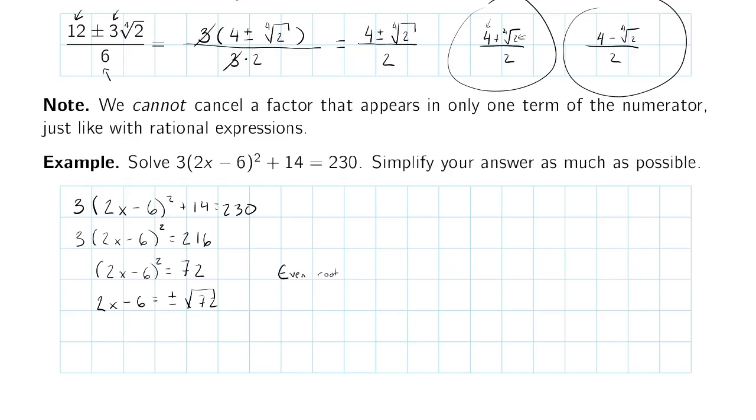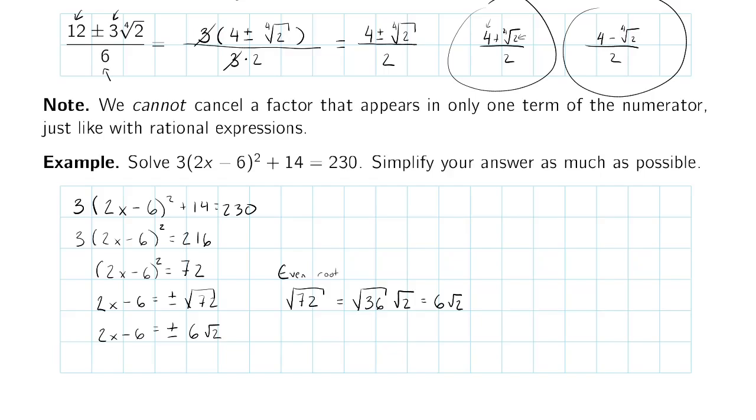Now, the square root of 72, going through and dividing by perfect squares, we find that 72 is 36 times 2. So we'll have the square root of 36 times the square root of 2, which is 6 times the square root of 2. So we have 2x minus 6 equals positive or negative 6 root 2.